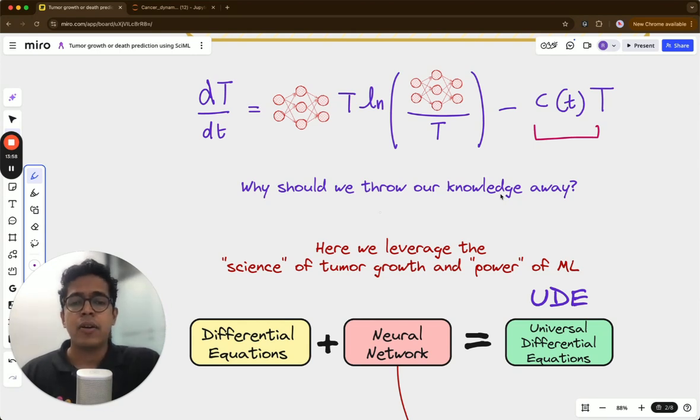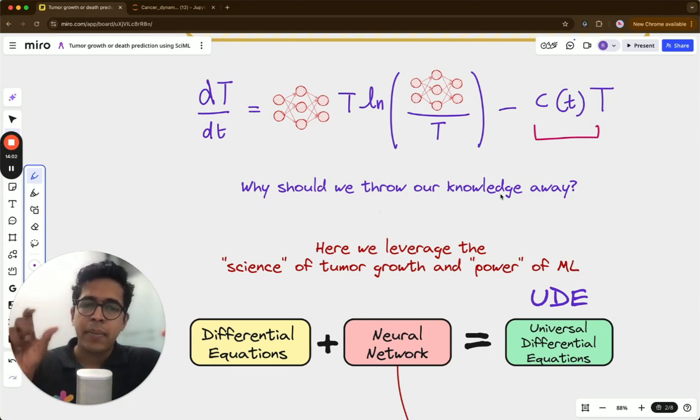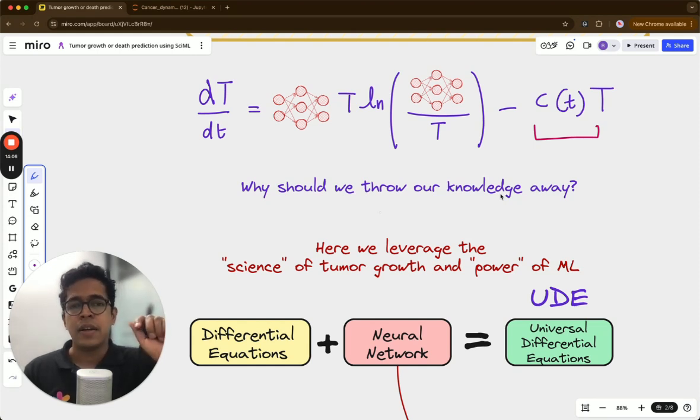It is a very powerful framework within scientific machine learning, where we combine the science of tumor growth with the predictive power of machine learning, because machine learning models are so powerful, if there is enough data, at predicting what is going to happen. Like, it can do forecasting, it can make predictions for unknown data points. So this is called UDE because we are using a universal function approximator like neural networks here.